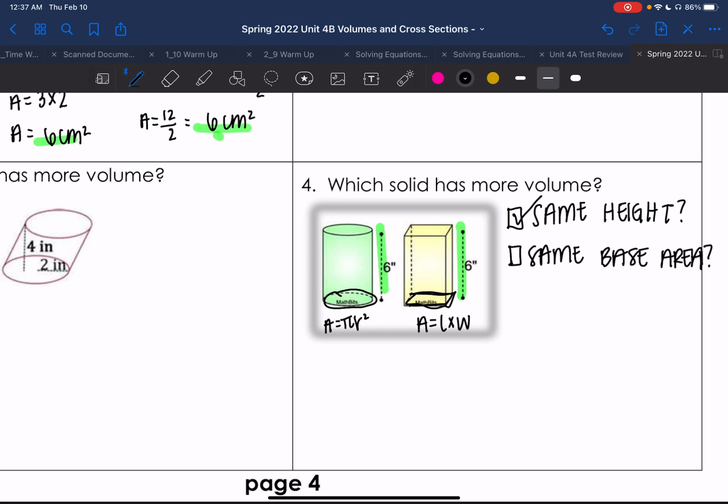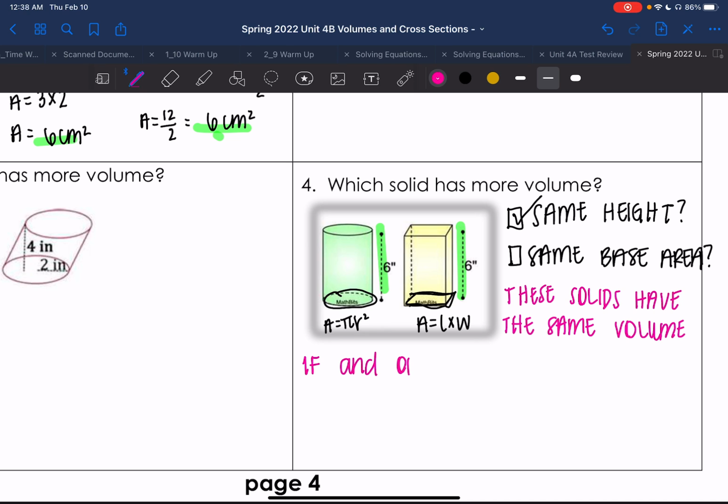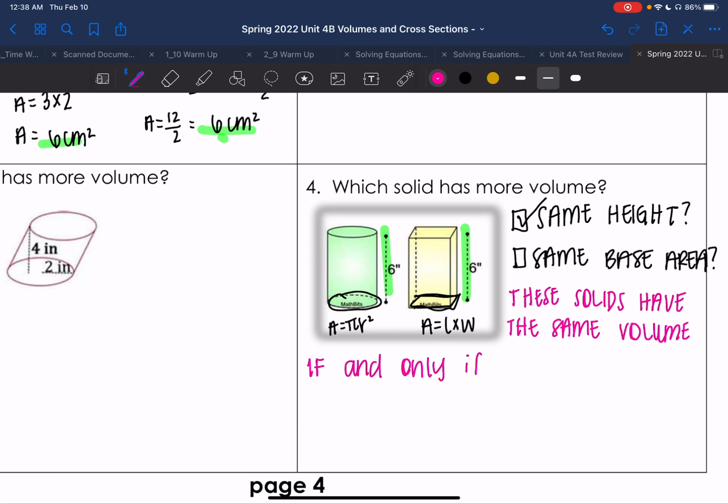So we would be able to say that these solids have the same volume if and only if, got to be real dramatic here, their base areas are the same.